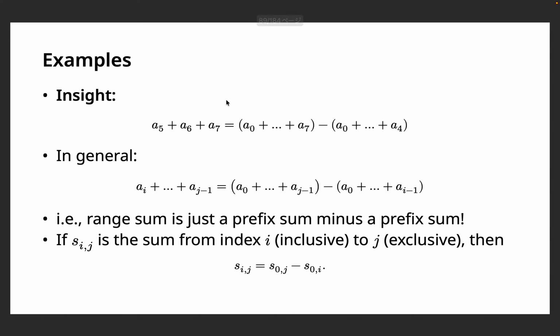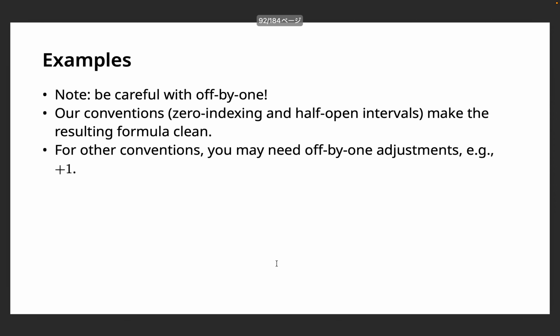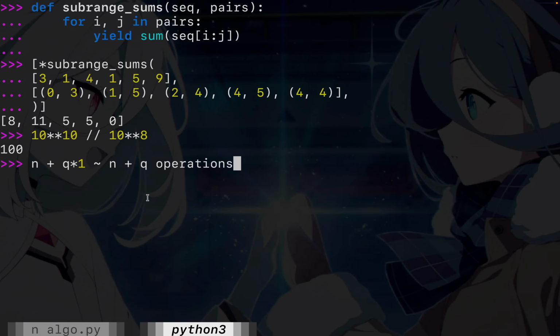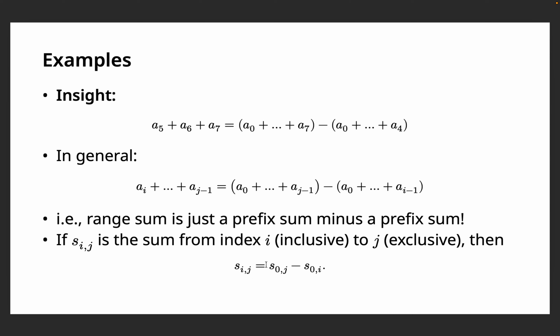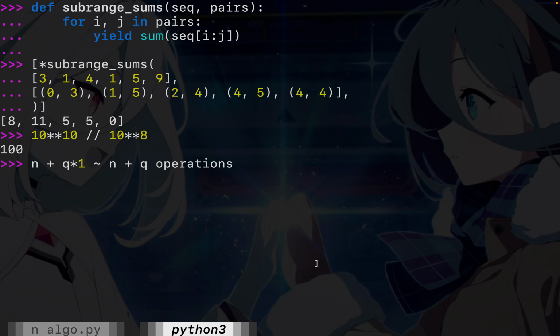So what that means is that the way to answer each pair is now a single subtraction, so that's a constant number of operations. To set up the prefix sums, that's n, then for each pair it only takes us a constant number of operations to answer that question.